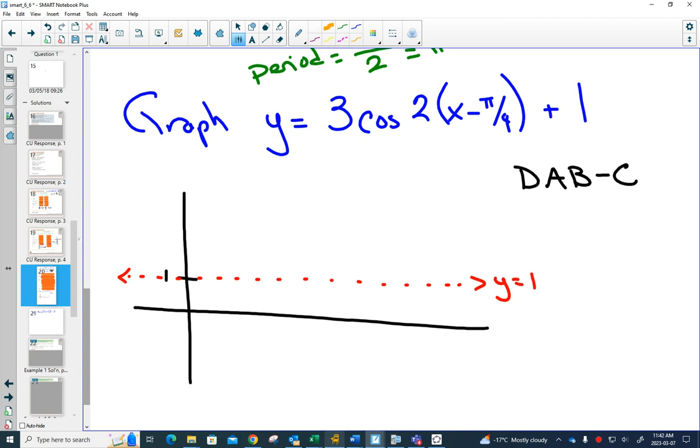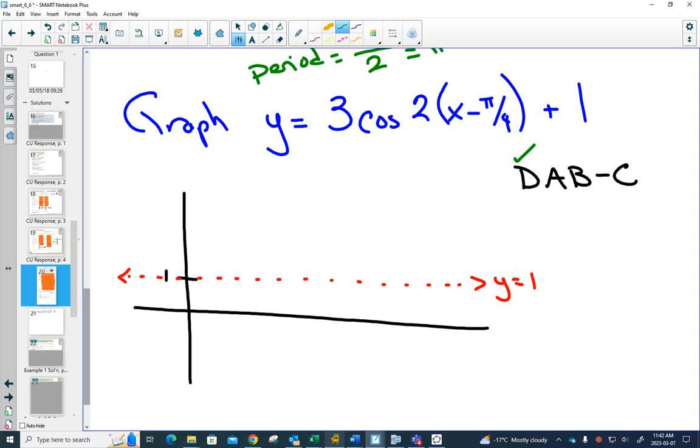This is my center line. And that is the only thing you have to do. I'm going to put a check mark above the D. That's all the D stands for. Draw your center line with a dotted line and label it. So there's your D value.